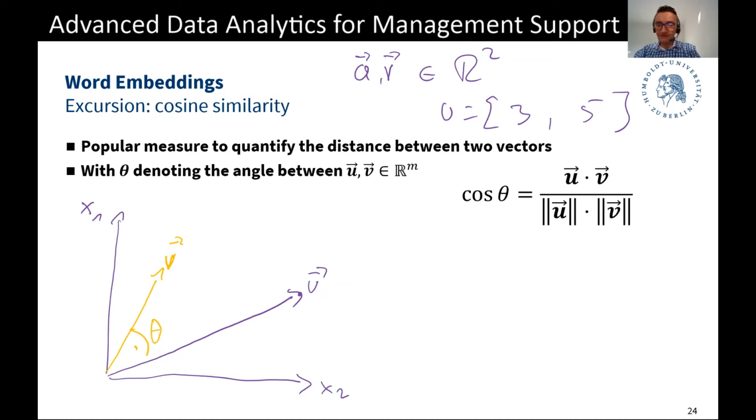Now, the thing is, if we encode our vectors as one-hot vectors, then they will look like this. One element will be 1. So here is 1. And the other element will be 0 by definition in a two-dimensional space. So that is my v.